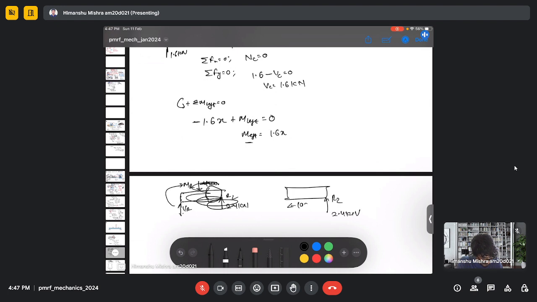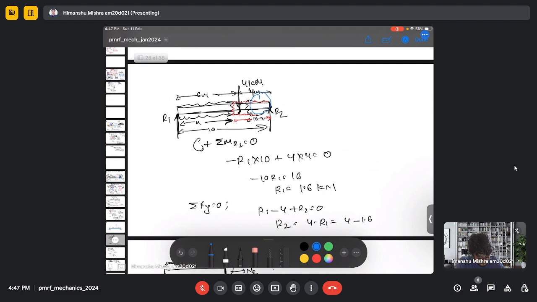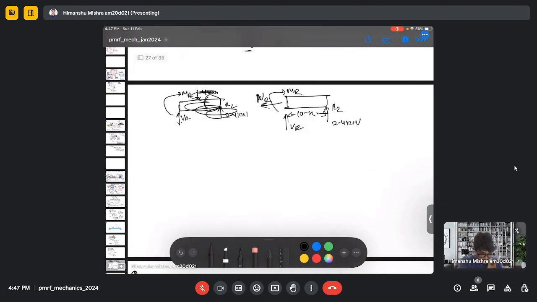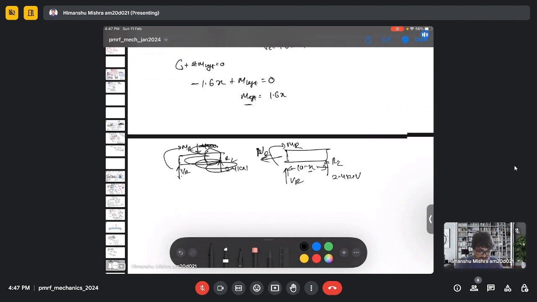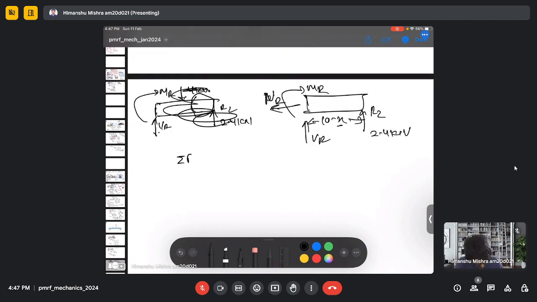So it will be 10 minus x, and this is M1, this is VR. So we are actually considering only this part. So my x is now the new x, not the previous x. So for the horizontal force, N equal to 0.